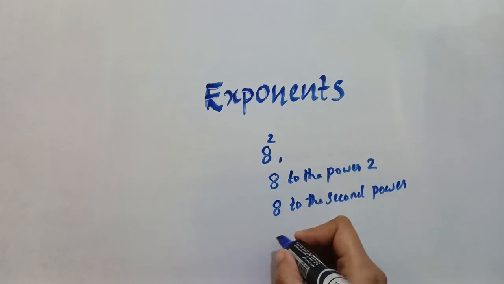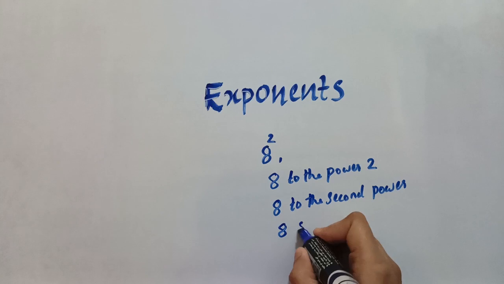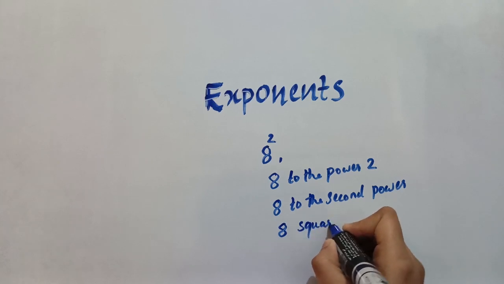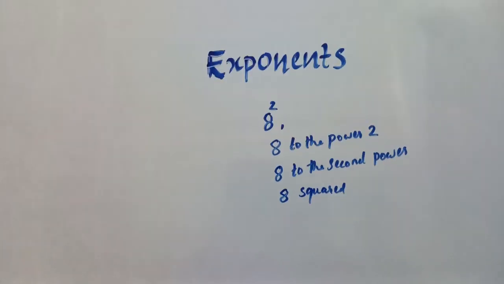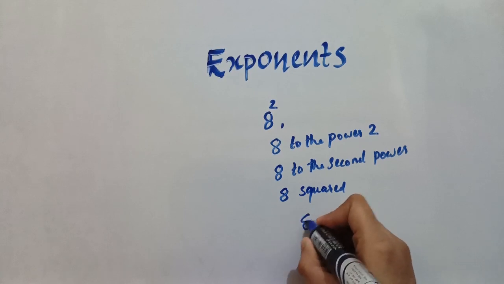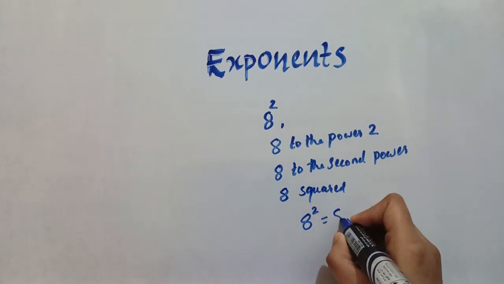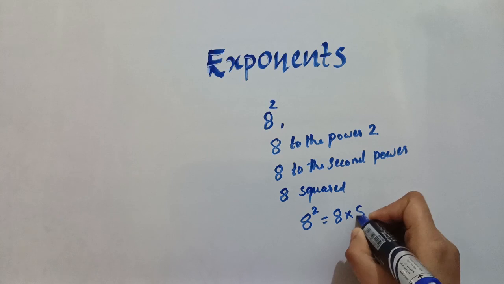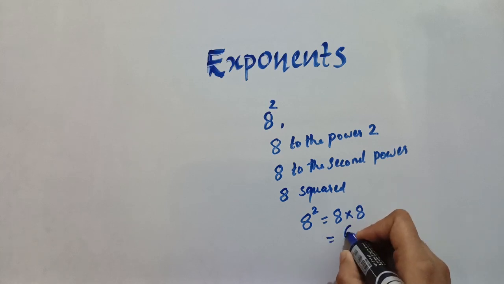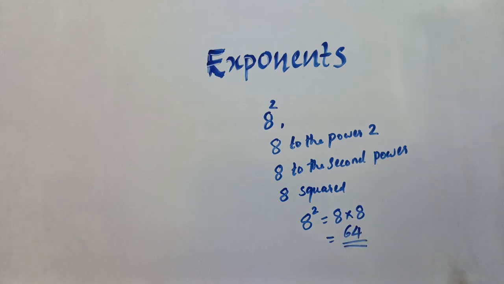Or simply we say 8 square. That is, 8 square is equal to 8 times 8, which is equal to 64 is the answer.